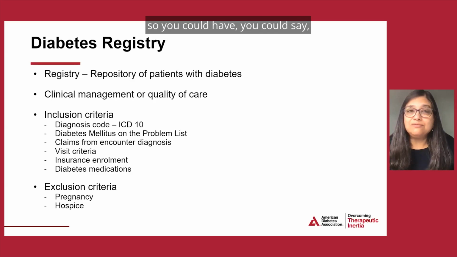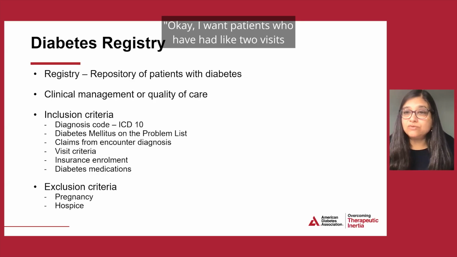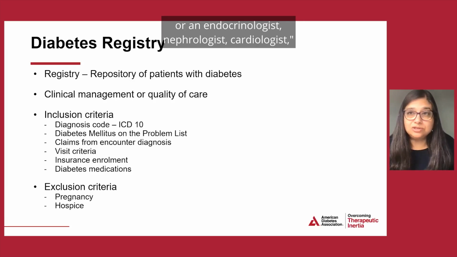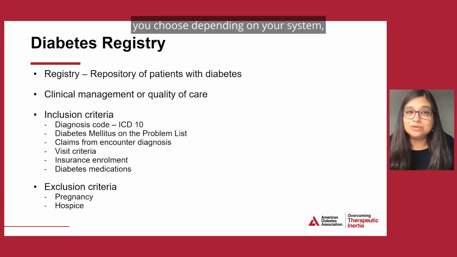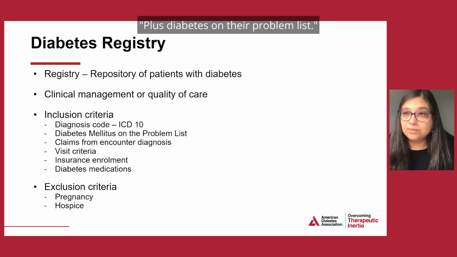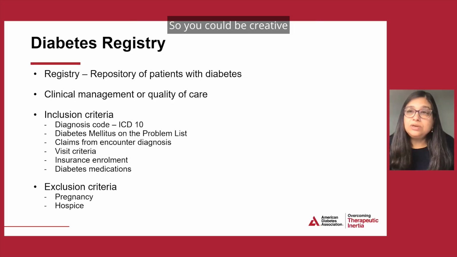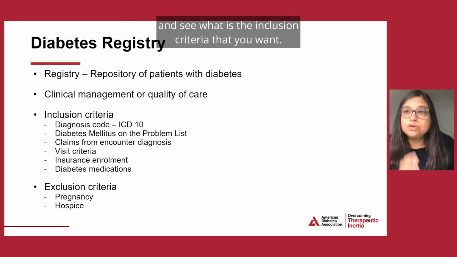So you could say, I want patients who have had 2 visits with a primary care physician or an endocrinologist, nephrologist, cardiologist, you choose, depending on your system, plus diabetes on their problem list. So you could be creative and see what inclusion criteria you want.